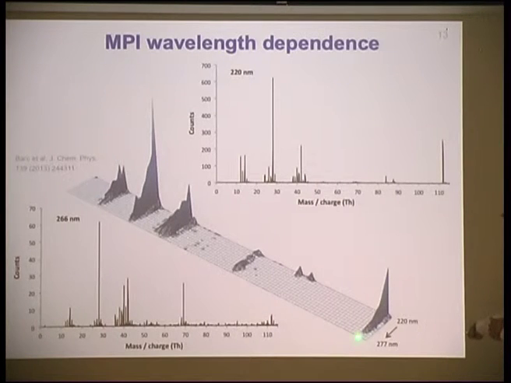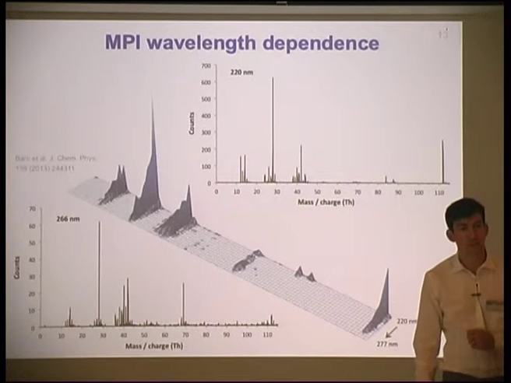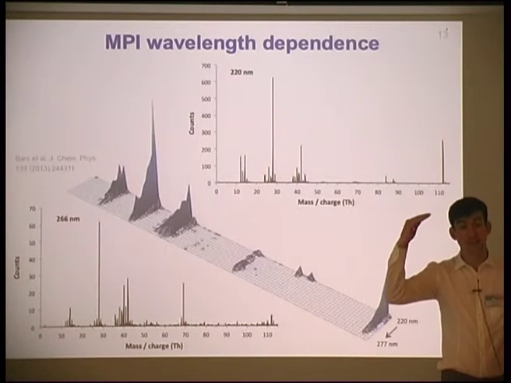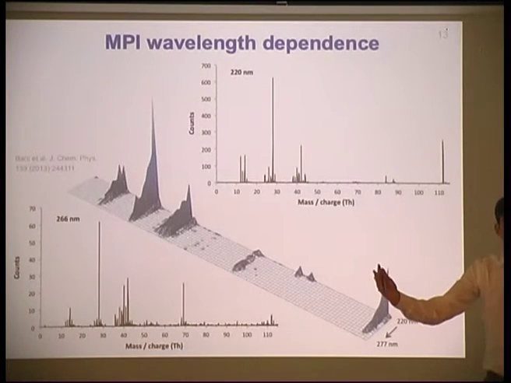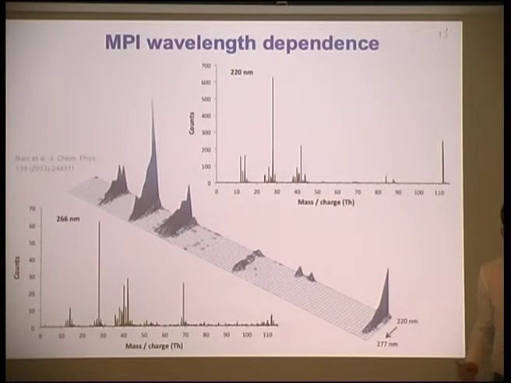And what's interesting is that all of these ions start in the same place. As soon as you access your bright singlet excited state, you might need to absorb more photons, but in principle you can produce any of the fragment ions that are produced by electron impact ionization.